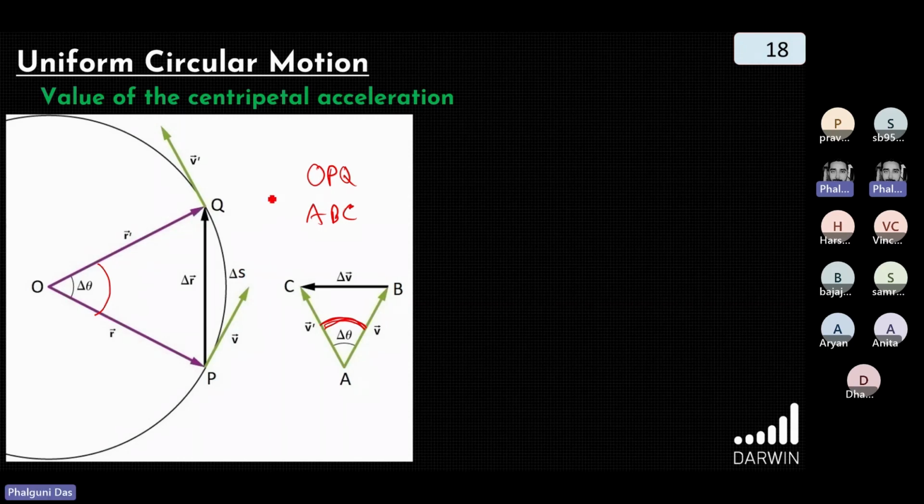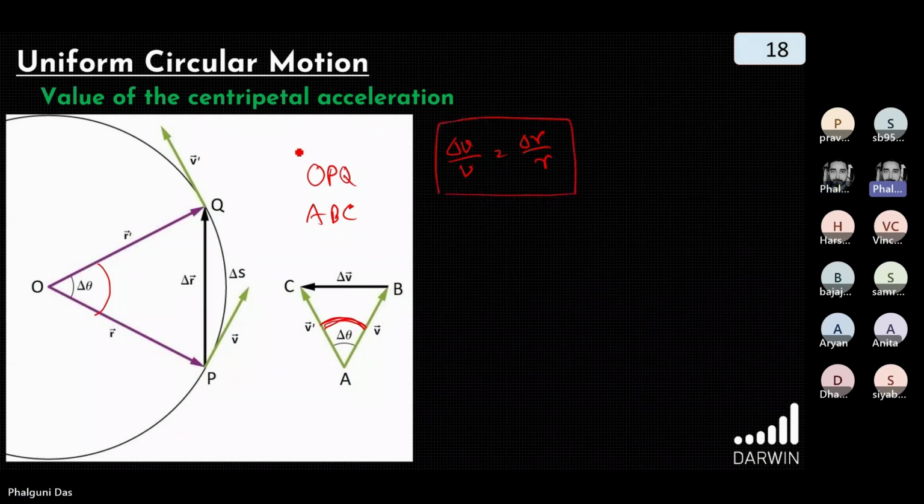Now take both triangles. Using these two triangles, I can write delta V by V is equal to delta R by R. Can we write it? Okay. So this is the fact we got.